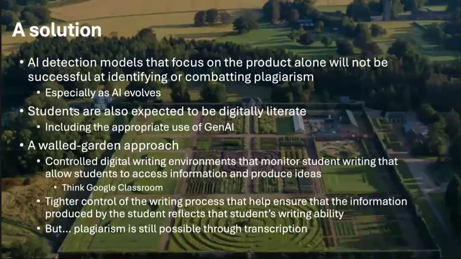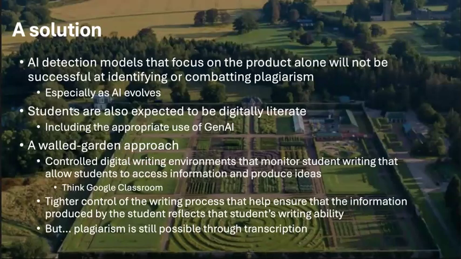So a solution that I'm going to talk about today is the idea that we can look at process within a walled garden, and see if there are differences between folks who write authentically and those folks who might transcribe information.